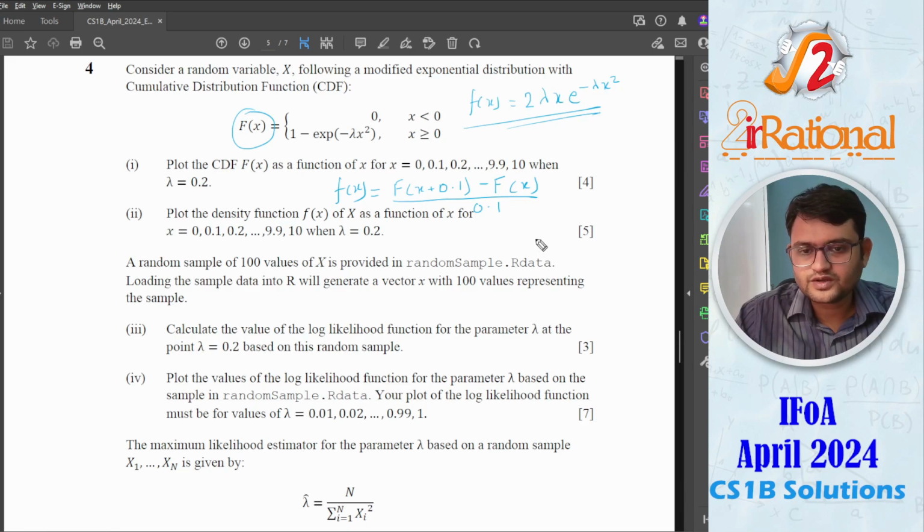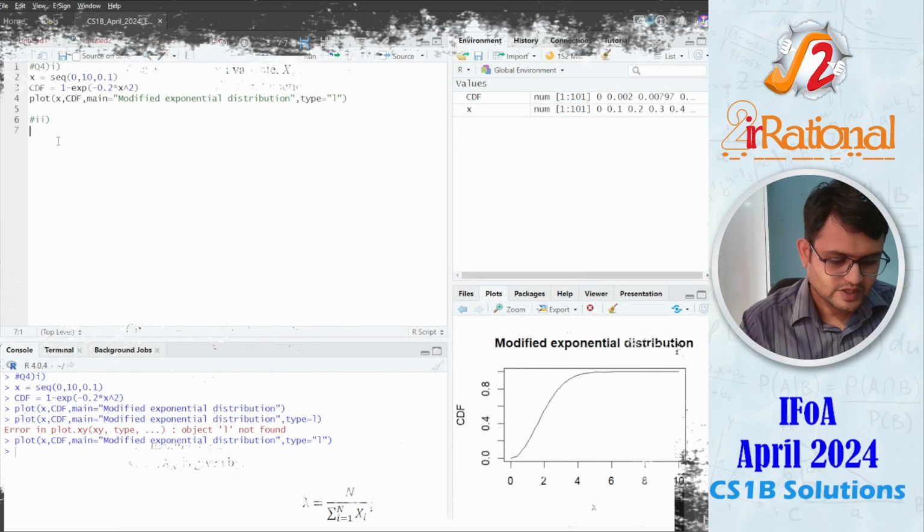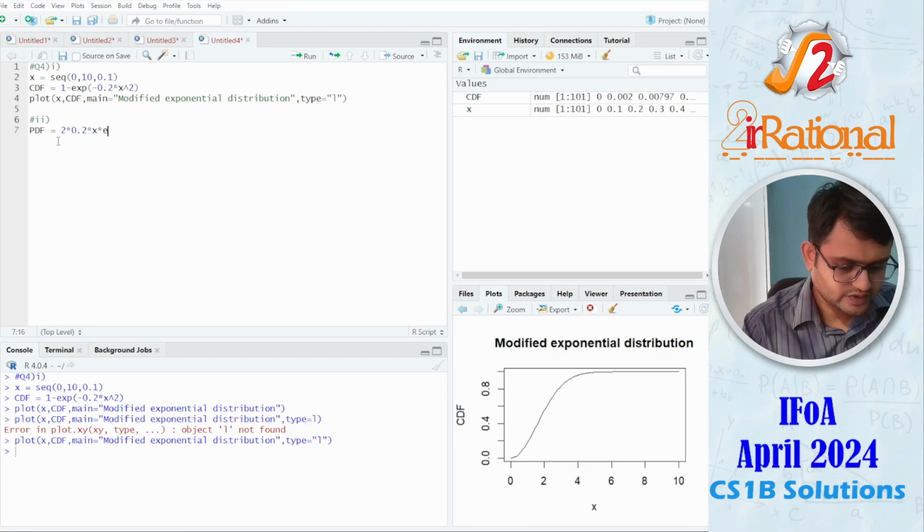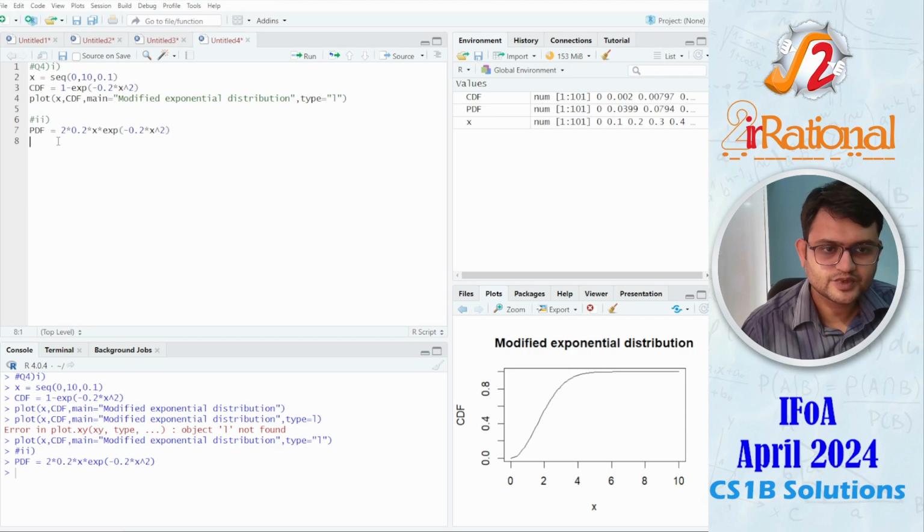This is how you can make your f of x graph as well. I'll use the function. So PDF is equal to 2 times lambda, 0.2, times x, times exp of minus 0.2 times x squared. This is going to be my PDF, and now I have to plot.